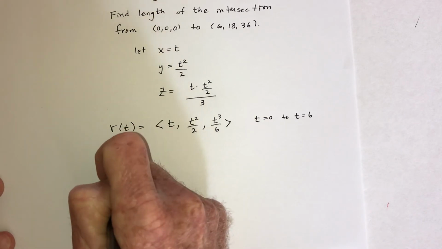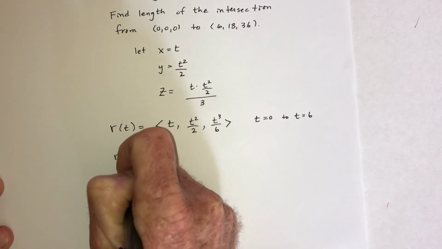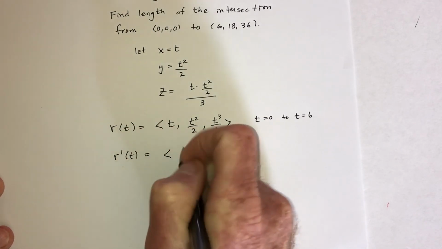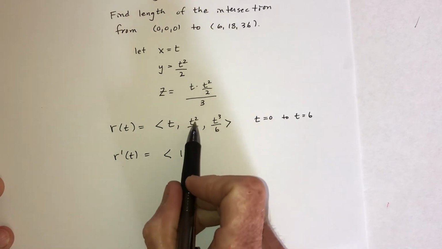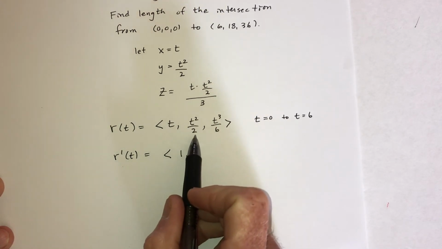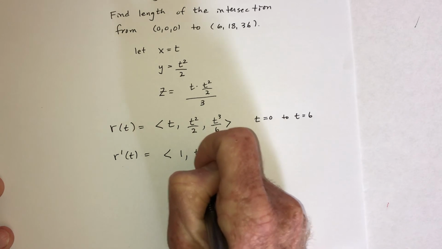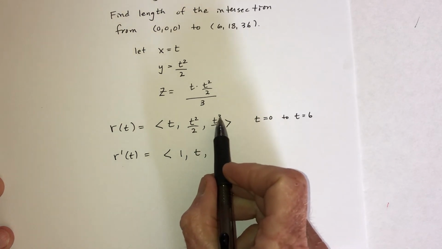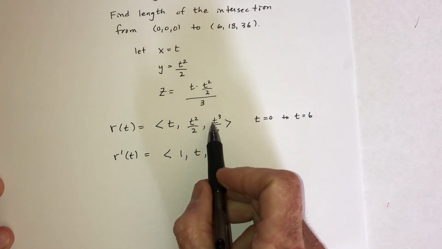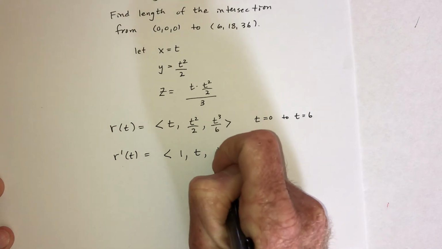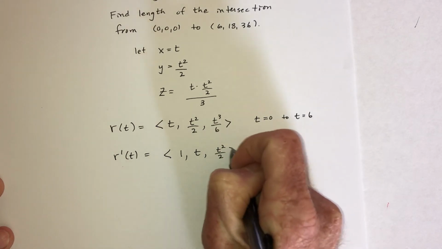Okay, now we need the derivative. So that would be 1. The derivative here would be 2t divided by 2, so that's just t. The derivative here would be 3t squared, but then when you reduce it, it's going to leave t squared over 2.